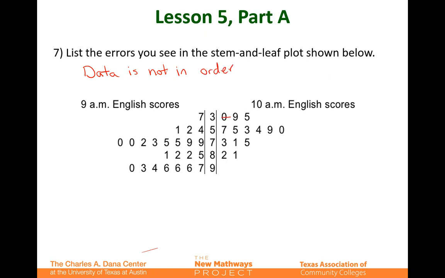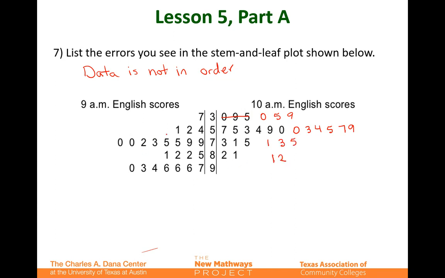This row should read 0, 5, 9, least to greatest. This row should read 0, 3, 4, 5, 7, 9. This one's easier. This is 1, 3, 5, and this is 1, 2.